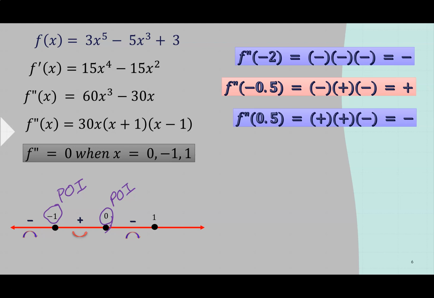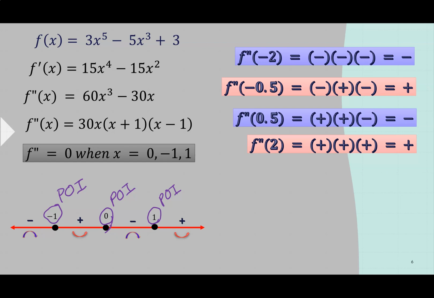Okay, and then plug in a number to the right of 1, let's say 2. You have a positive value for your second derivative, so your function concaves up. That calls for POI right there. Point of inflection, where concavity changes.